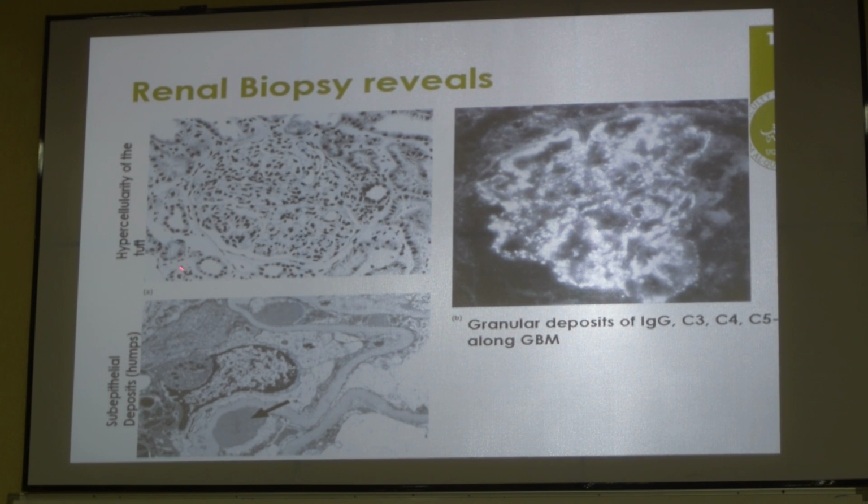You can see on this simple histology, these black dots are a lot of immune cells that have come there. Then on this particular figure, this is immunofluorescent staining. You can see the granular staining, a lot of staining granules. And finally, on electron micrograph, you can see these subepithelial humps, which I showed you in the animation. So all the features will confirm it's a lupus nephritis case.